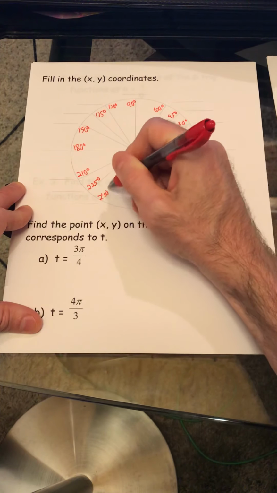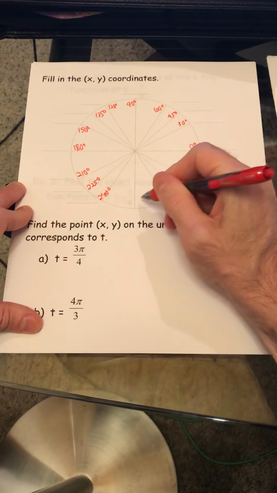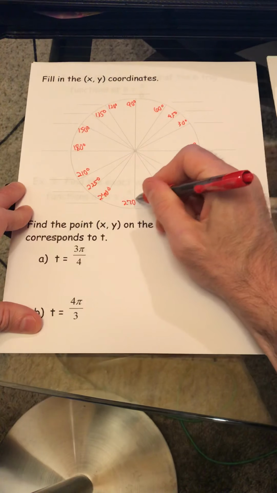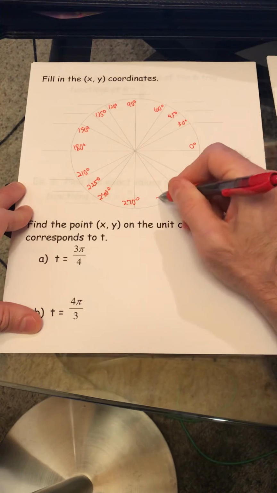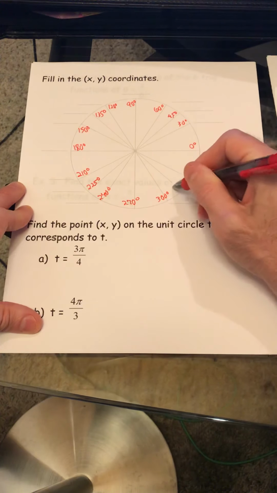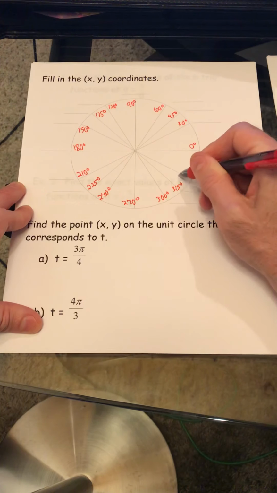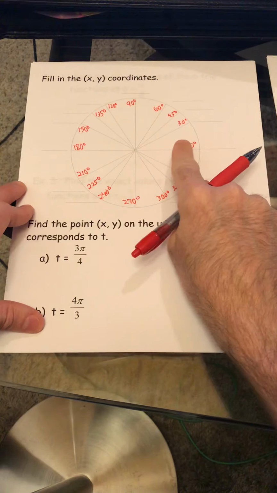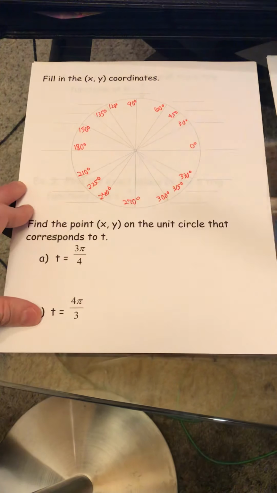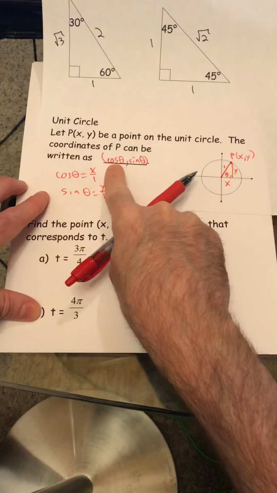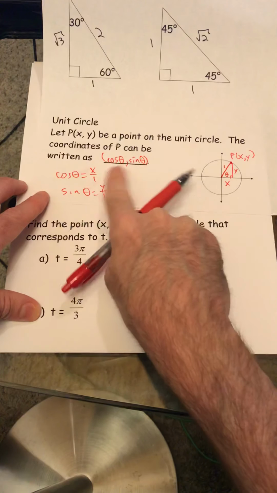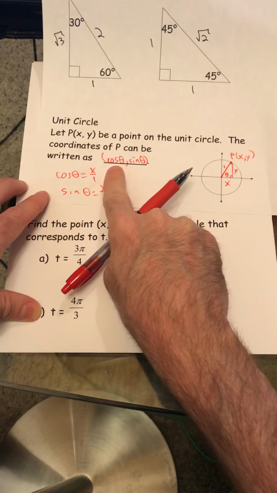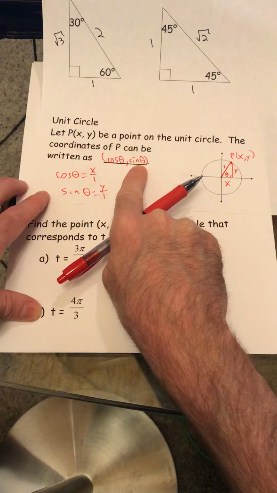And then we're going to talk a little bit about all of the coordinates for these points. All right, so again, as you go around the unit circle, every coordinate is cosine and sine of that angle.